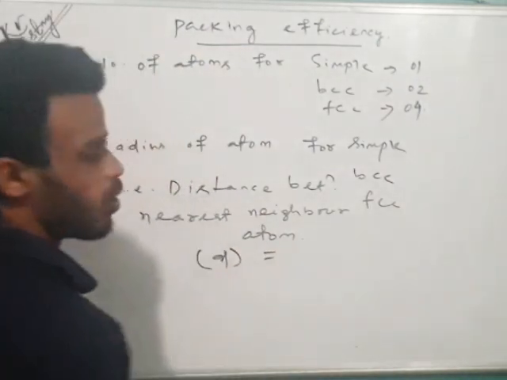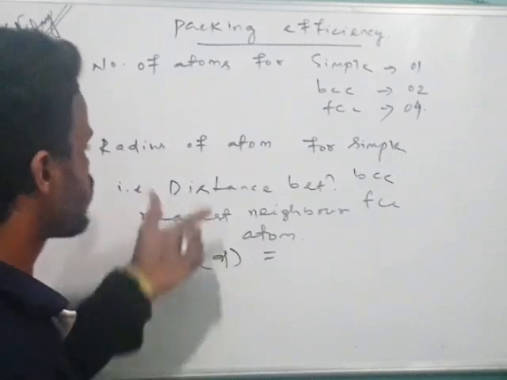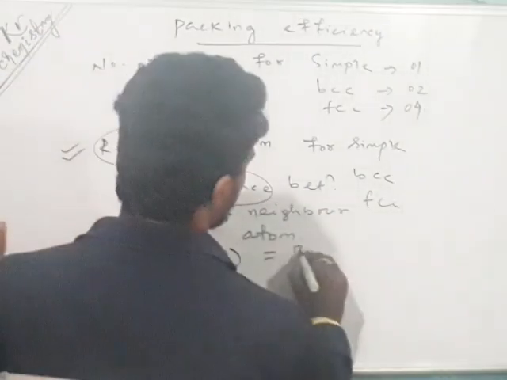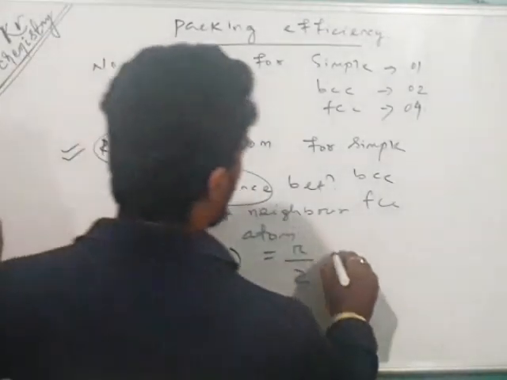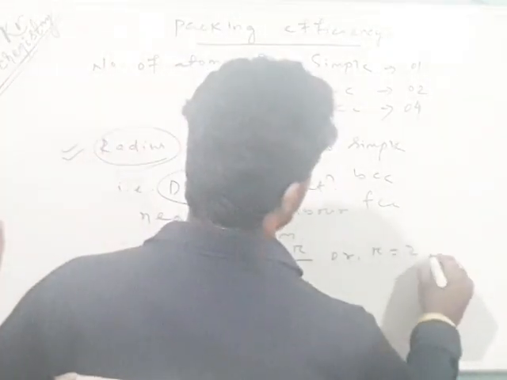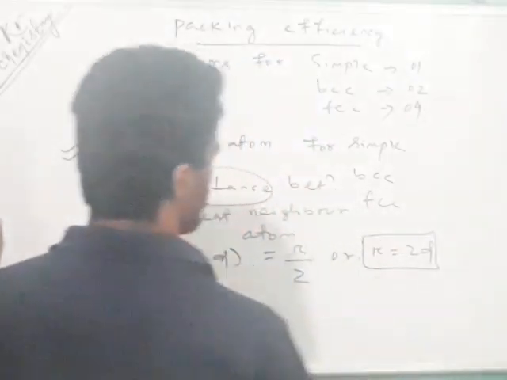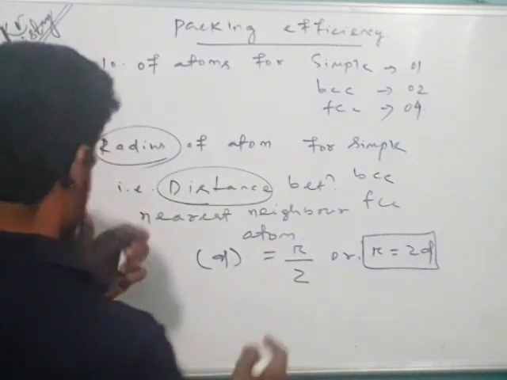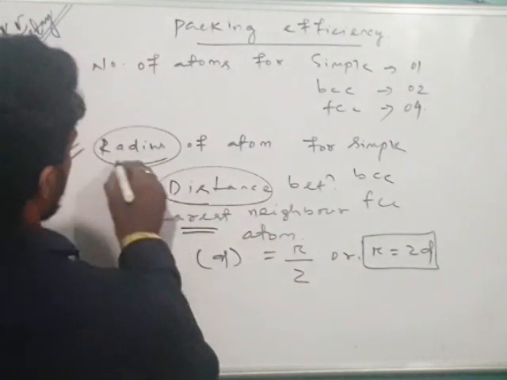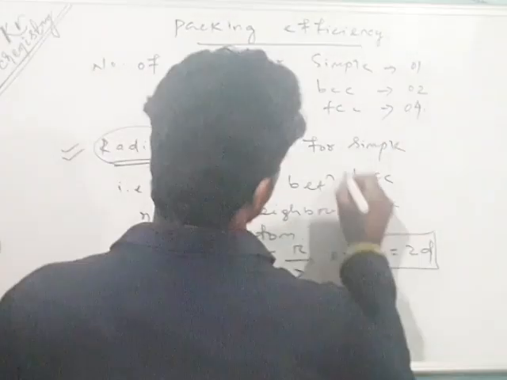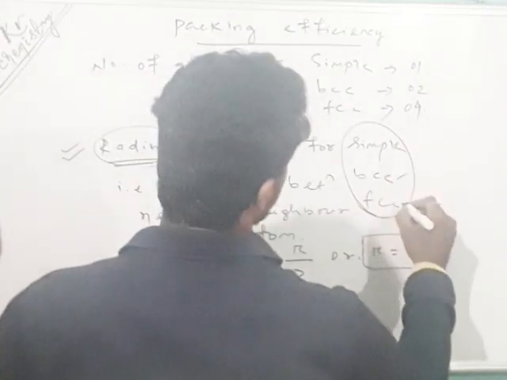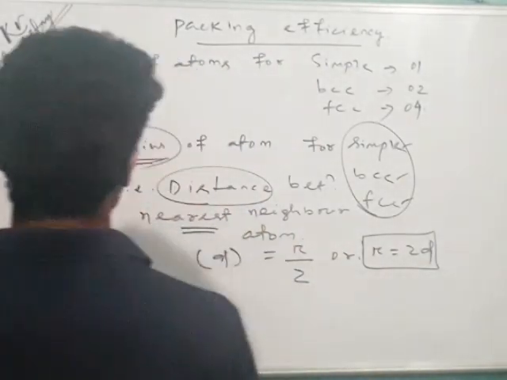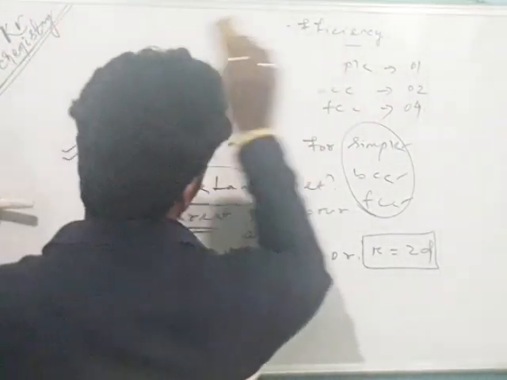The relationship between distance and radius is r is equal to d by 2, or d is equal to 2r. That is the relationship between the distance between nearest neighbor atoms and the radius for simple, body centered and face centered cubic crystals. Let's calculate the distance between nearest neighboring atoms.